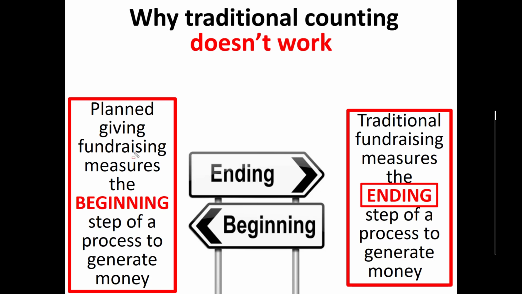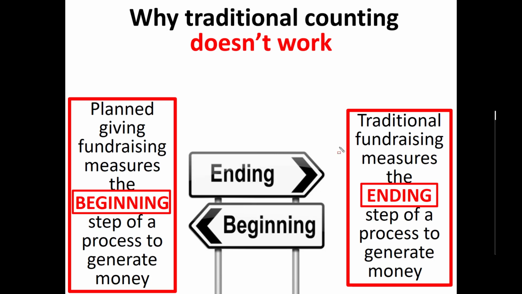Planned giving fundraising measures the beginning step of a process to generate money. It is the beginning of a relationship that ultimately, if things go well, will generate money for the nonprofit organization. And the problem is that all of these other metrics that managers are used to dealing with measure the ending step of the process, and they sometimes will take that same approach to the metric and apply it to planned giving metrics that are measuring the beginning step of the process.